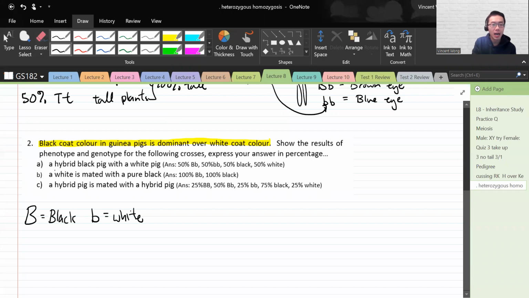So here we have a hybrid black pig, and a white pig. Okay, so what's a hybrid black pig? Can someone tell me, please? What's the genetic combination for hybrid black pig?